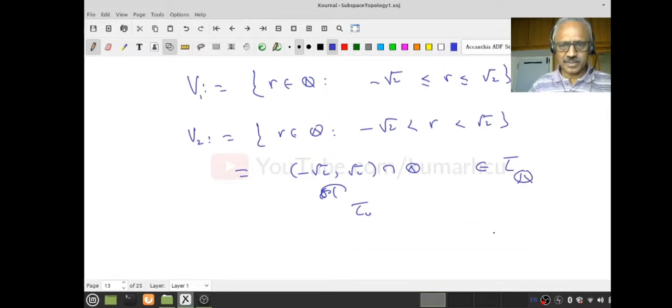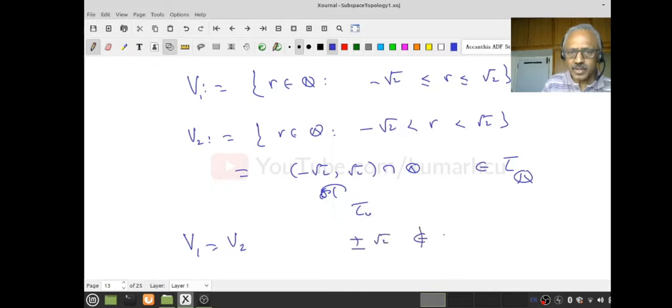This is by definition. But I claim V1 equals V2. Notice that V1 is the closed interval intersected with Q, but I claim V1 is V2. That is very easy, because plus or minus square root 2 are not in V1.